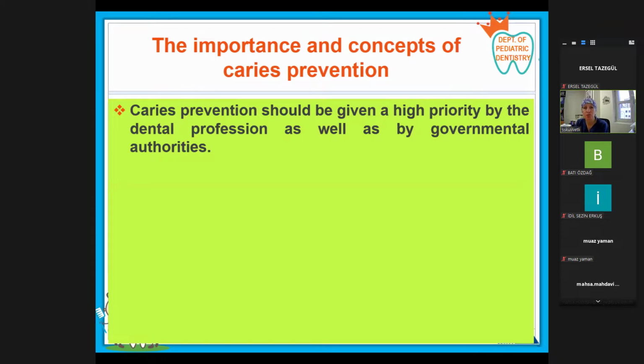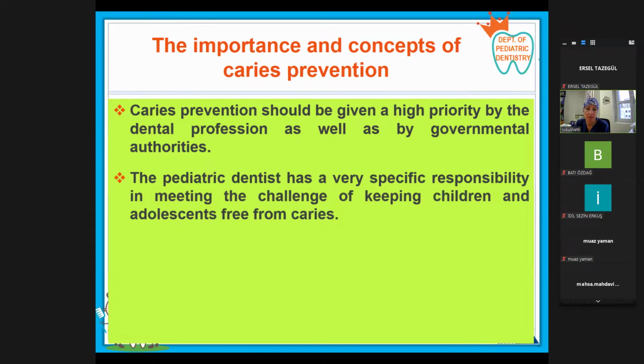Caries prevention should be given a high priority by the dental profession as well as by governmental authorities. The pediatric dentist has a very specific responsibility in meeting the challenge of keeping children and adolescents free from caries, because the pediatric dentist is at the beginning of everything.